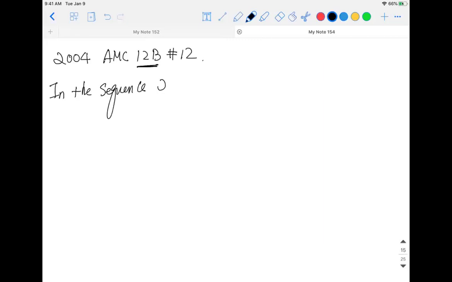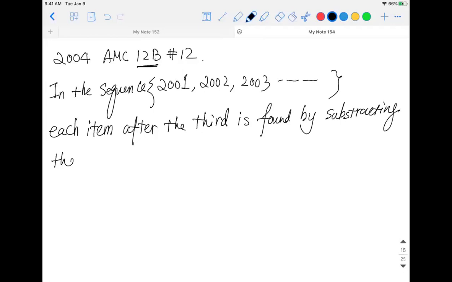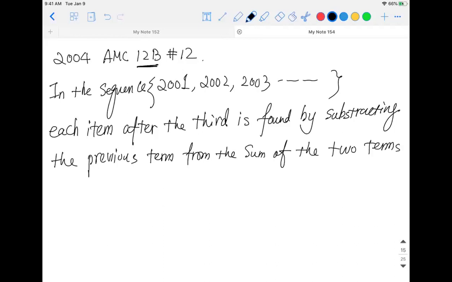In the sequence 2001, 2002, 2003, each item after the third is found by subtracting the previous term from the sum of the two terms that precede that term.